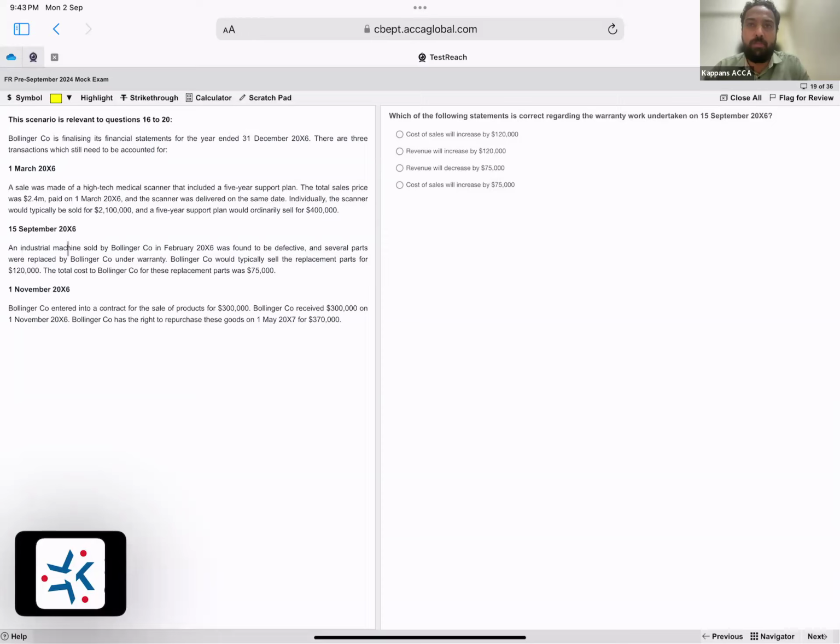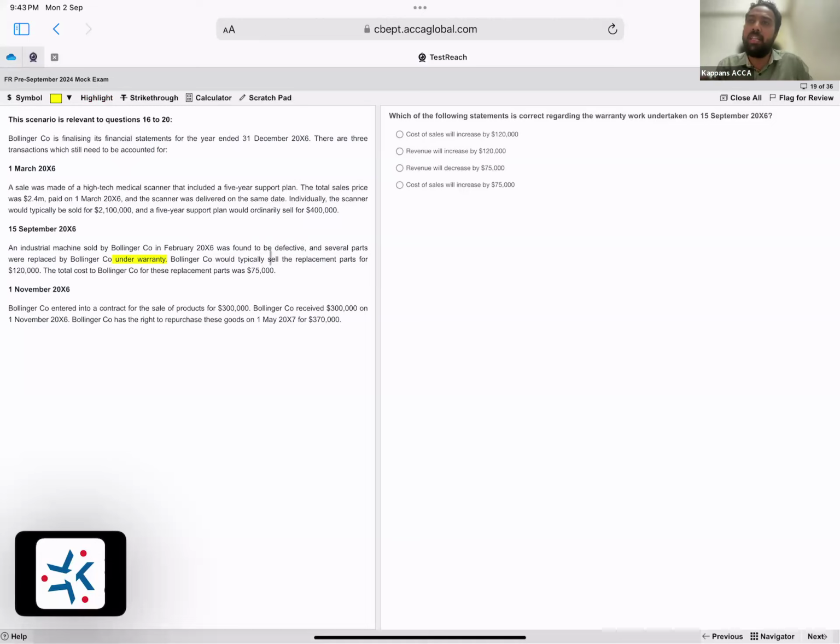An industrial machine sold by Bollinger Company in February X6 was found to be defective, and several parts were replaced by Bollinger under warranty. Under warranty means that the customer will not pay anything for the repair or replacement. The entity will have to replace the item from its own pocket, so the cost will have to be borne by the entity.